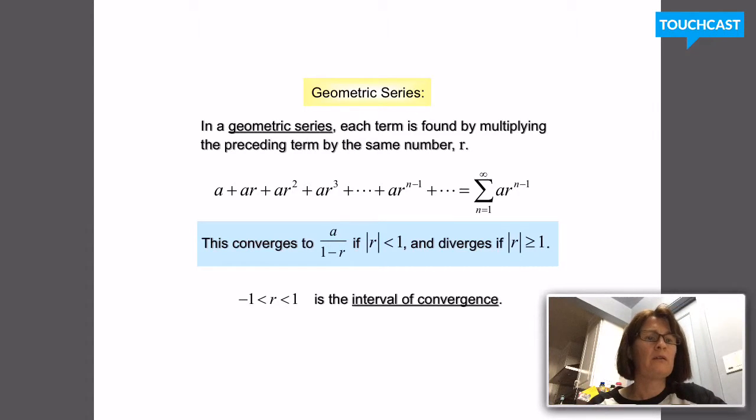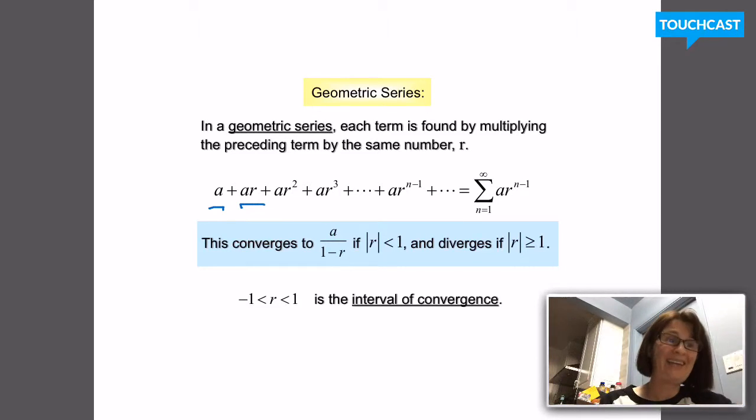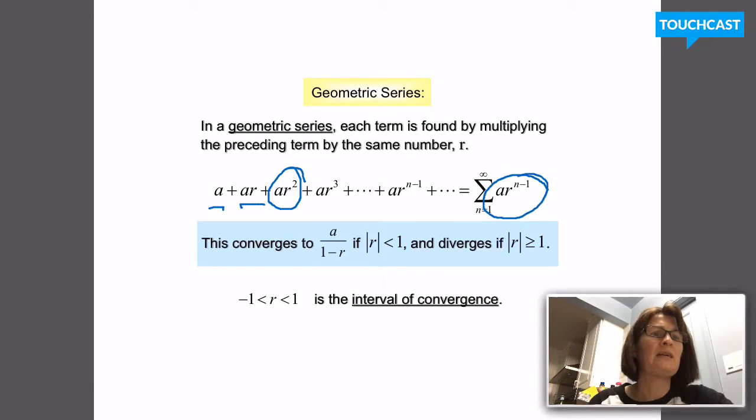So here, if I have a first term that's a, and the next term is a times r, that means r is the number I multiplied by to get from the first term to the second term. So if I multiply by r again, my third term will be a times r, or ar squared, and then ar to the third, ar to the fourth, until the nth term is a times r to the n minus 1.